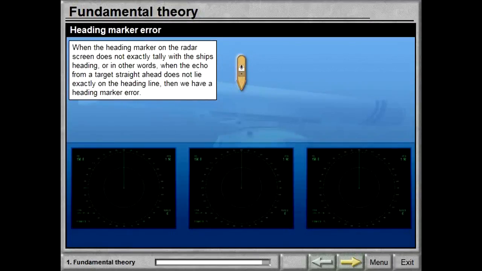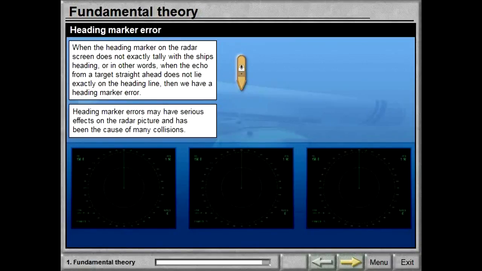When the heading marker on the radar screen does not exactly tally with the ship's heading, or in other words, when the echo from the target straight ahead does not lie exactly on the heading line, then we have a heading marker error. Heading marker errors may have serious effects on the radar picture and have been the cause of many collisions.